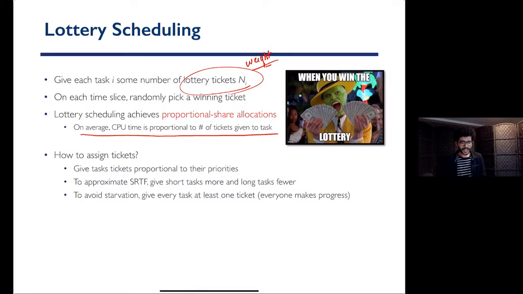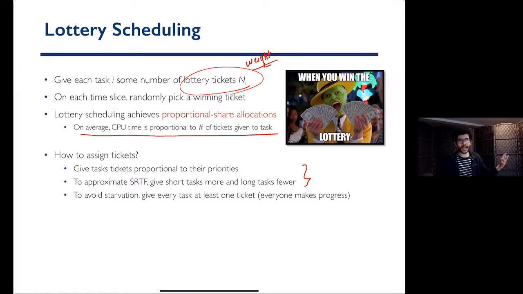Now, you might ask, okay, how am I going to decide who gets how many lottery tickets? One thing is, you can just ask users to assign lottery tickets. Users know about their tasks, so I can ask them which task is more important for them. Or I could do that prediction stuff, right?